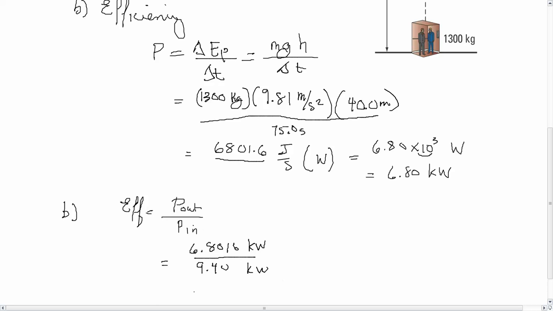We can do this as long as we're using the same units. If you wanted to, you could convert both of those to watts and then do our division. We divide that out and we get 0.724, and we can write that as 72.4% efficiency.